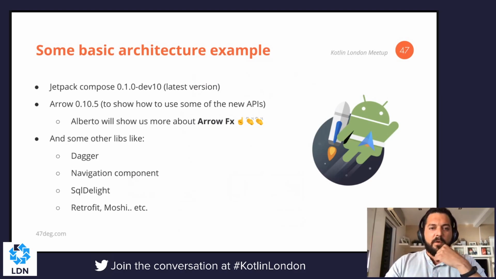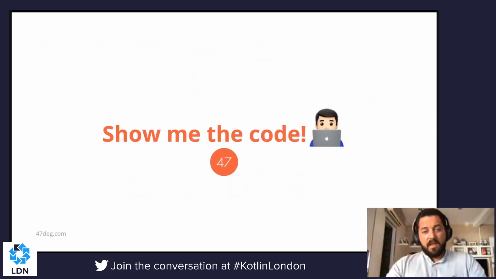But Alberto will show us more in the next part of the talk. And I'm also using some other libs like Dagger, Navigation Component, SQL Delight, Retrofit, Moshi, just to have a taste of a complete example.